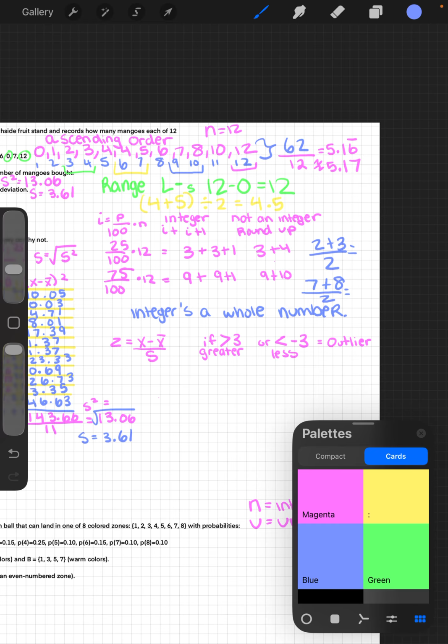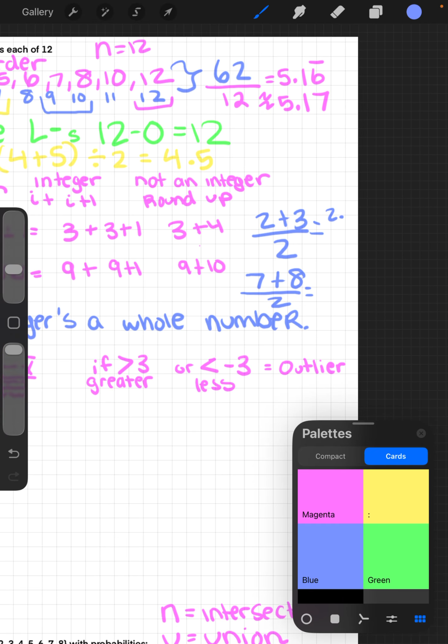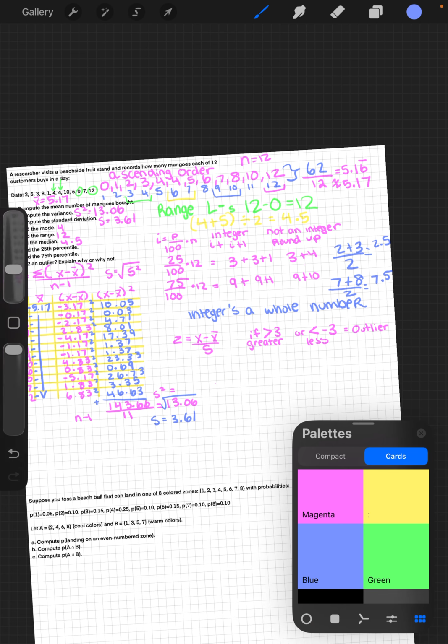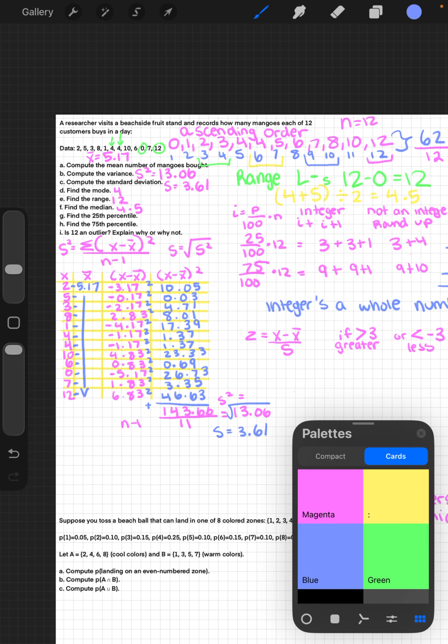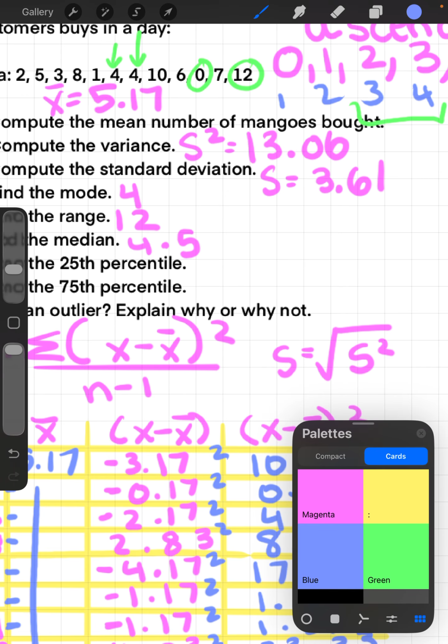5 divided by 2, 2.5. 7 plus 8 divided by 2, that's going to be 7.5, and then that's it. We have 2.5 and 7.5.